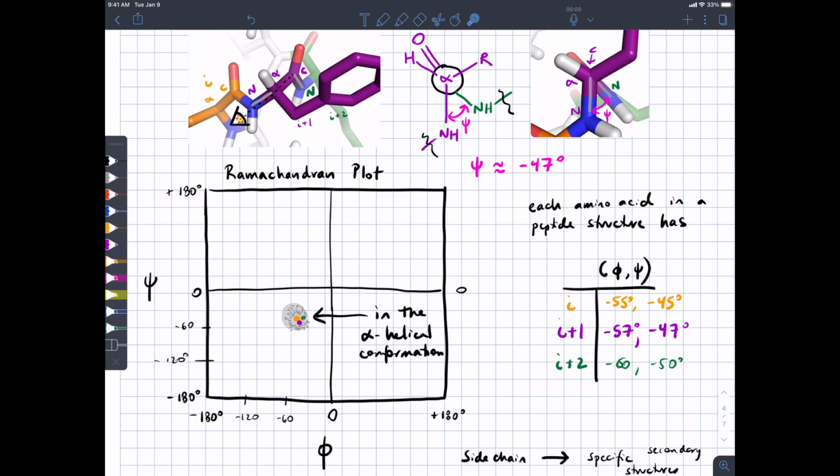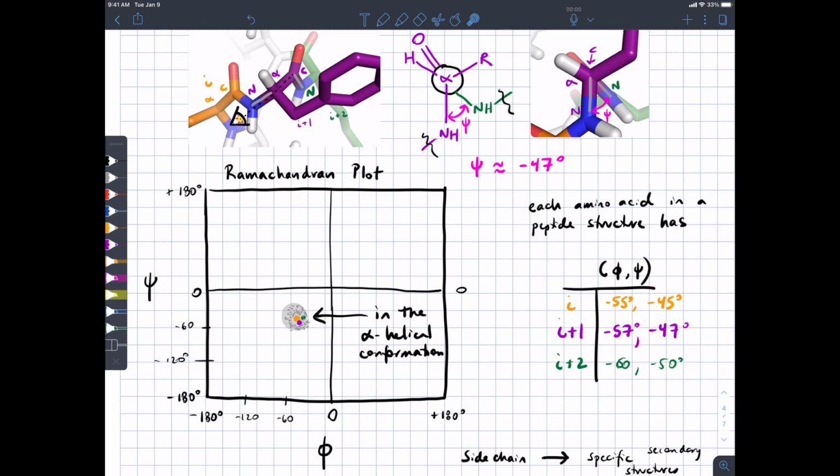But so for each of our amino acids, in this segment of an alpha helix, you could go in and measure the phi and the psi angles. We did that for the purple amino acid. I've done it previously for the orange amino acid and the green amino acid, and these are the angles you get. Most of the phi angles are in the mid to upper minus 50s. Most of the psi angles are in the mid to upper minus 40s.